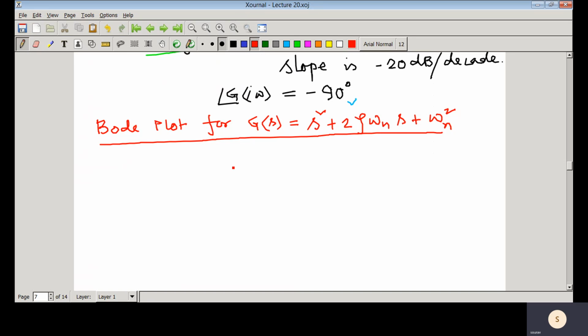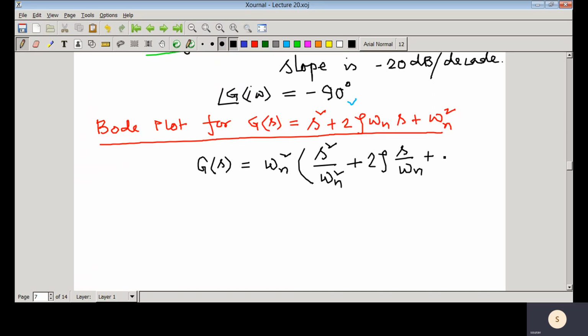So then we can write this G(s), whenever we take that omega n square common, so then we have that s square by omega n square plus twice zeta s by omega n plus 1.